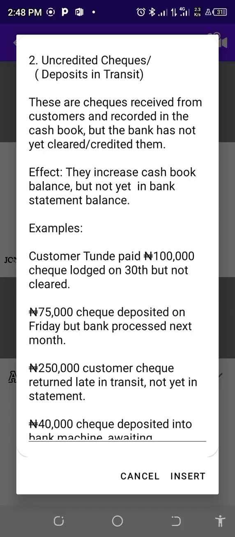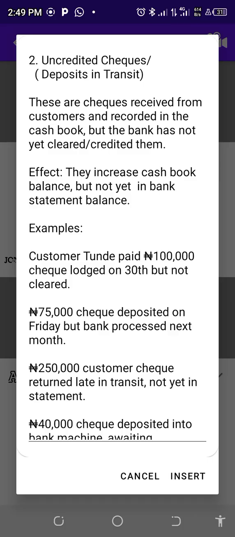Yes, we have paid some cheques into the bank, and we have recorded it in the cash book on the increase side, that the cheque has been paid into the account. But because of time or clearance problems, the bank has not credited that cheque into our account.